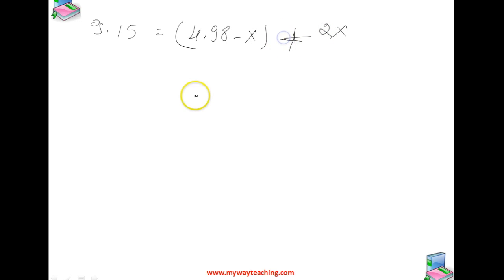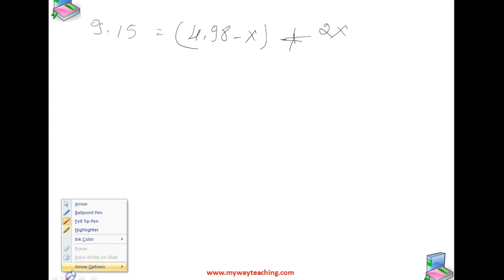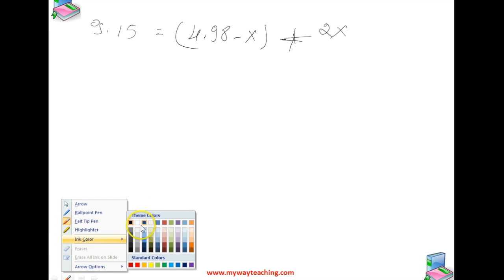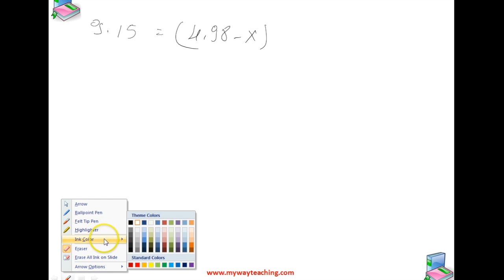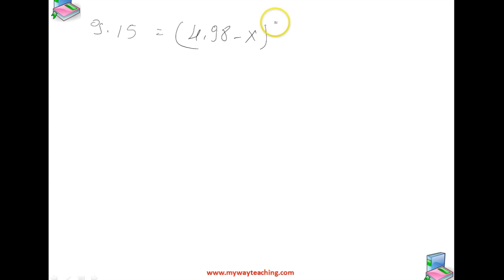Okay, and P total pressure is 9.15, and N2O4 is 4.98 minus x plus 2x.